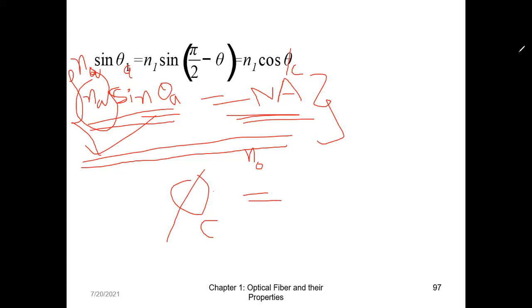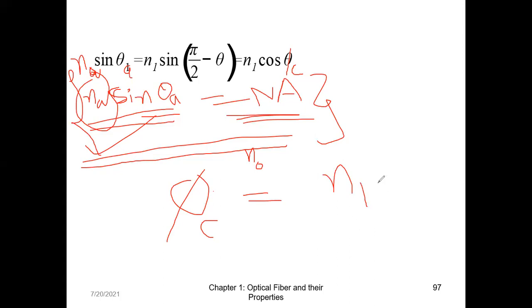Which formula will you be using? Ma'am, sin inverse n2 by n1. Yes, phi C is equal to sine inverse of n2 by n1. Now I have n2, I don't have n1. Okay, so I have Na with me, and there is a relation between Na, n1 and n2. So Na is square root of n1 square minus n2 square. So from that, first find out n1.